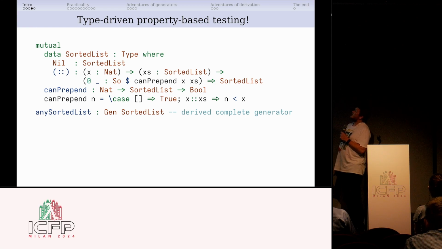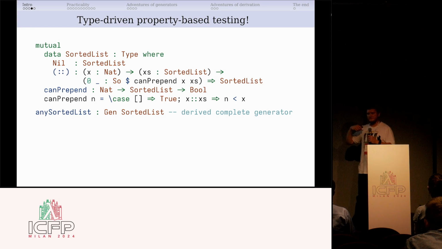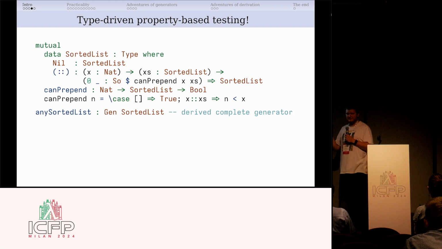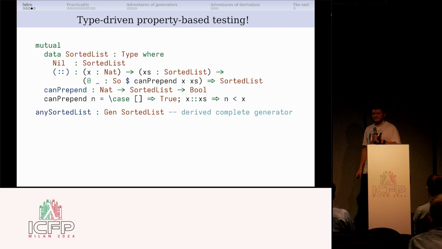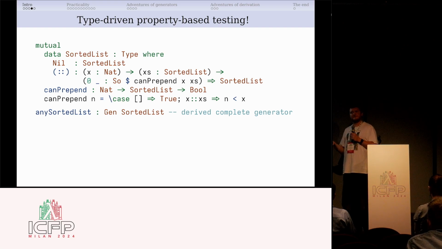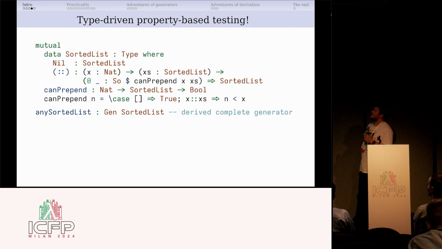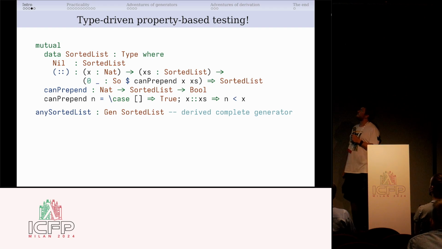The difference from the normal list is in the cons constructor, and here we express that we can indeed prepend the x value to preserve sortedness.